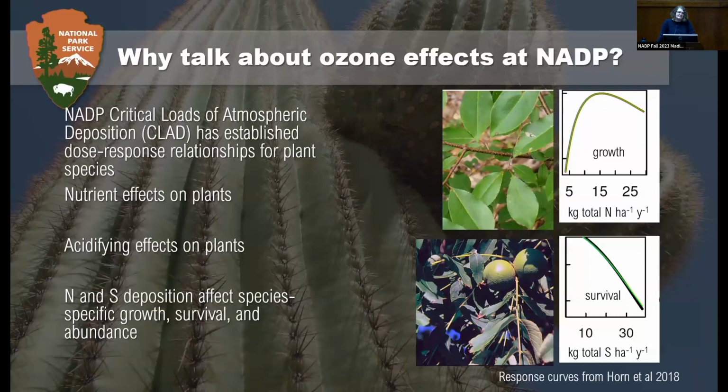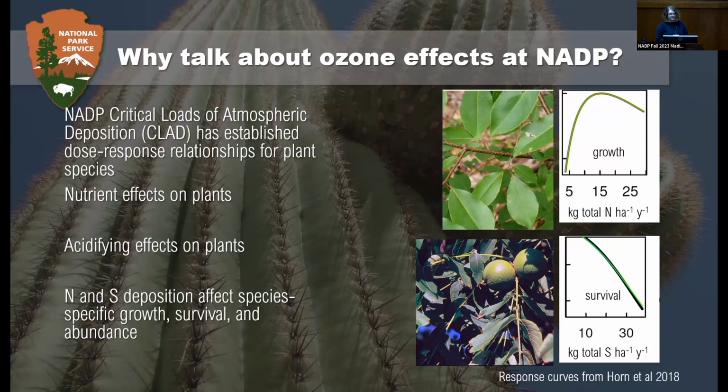If you've been around NADP for a while, you might be asking yourself this question right now: why ozone? And the answer is really that what we'd like to do for ozone, what we have already done for nitrogen and sulfur. So the Critical Loads of Atmospheric Deposition Committee has established dose-response relationships for plant species.